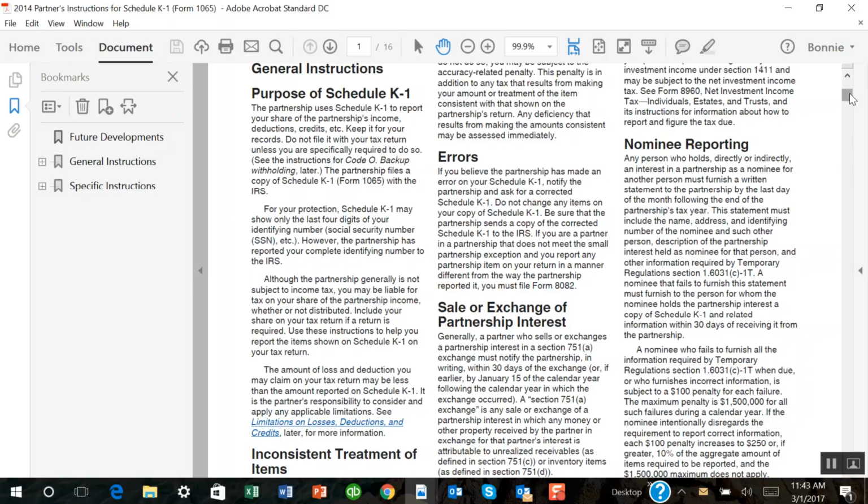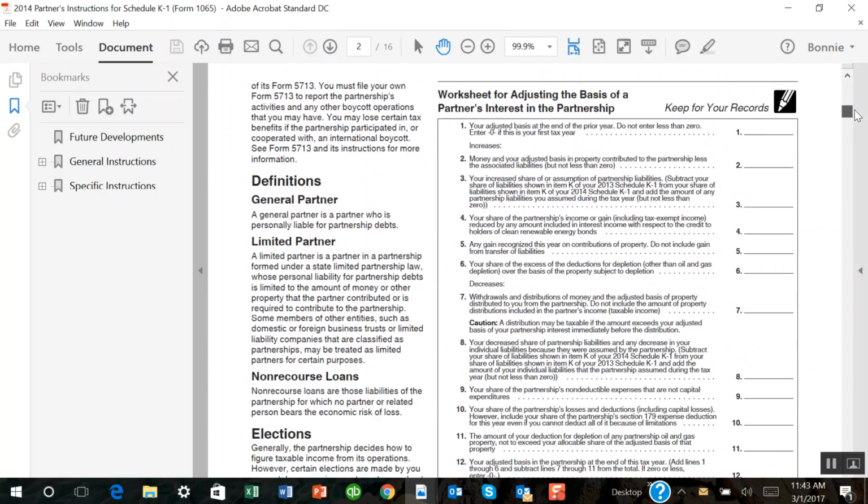Then if you scroll down, oh, and by the way, here's a really nice worksheet that the IRS has provided for the partner to be able to calculate his outside basis in his interest in the partnership. So he can use this worksheet to figure out what his basis is at the end of the year. Now, why would he want to know that?